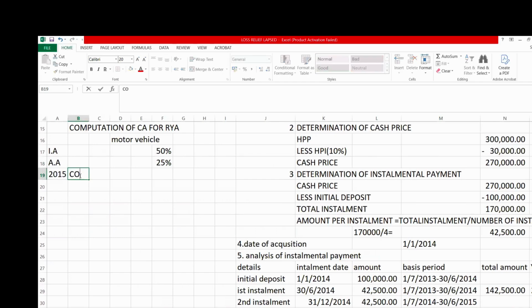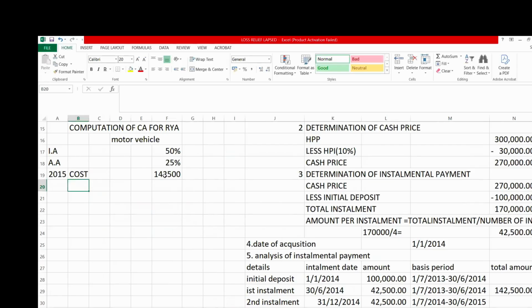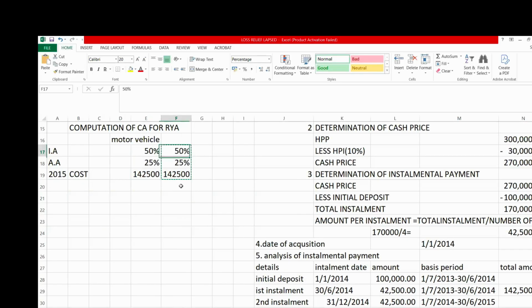So for 2015, we have the cost, 142,500. Any new asset is going to be available for initial allowance and annual allowance.